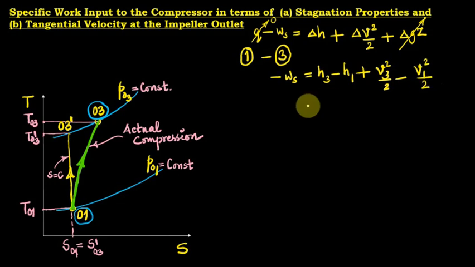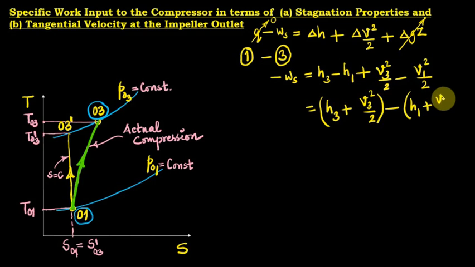So what will be our expression? If you club it properly, as we have done in the earlier class, H3 plus V3 square over 2, minus, taking the minus sign outside, inside the bracket H1 plus V1 square over 2.